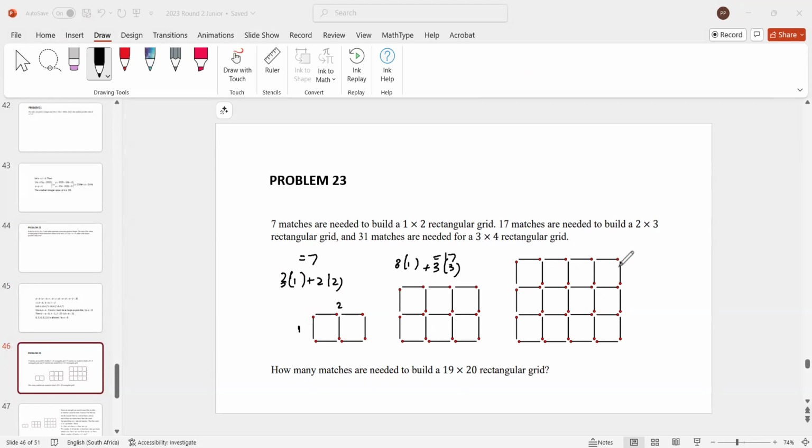And likewise, you've got 2x3 here, so this is 15 1s. This is verticals. The horizontal, you've got 4 plus 12.